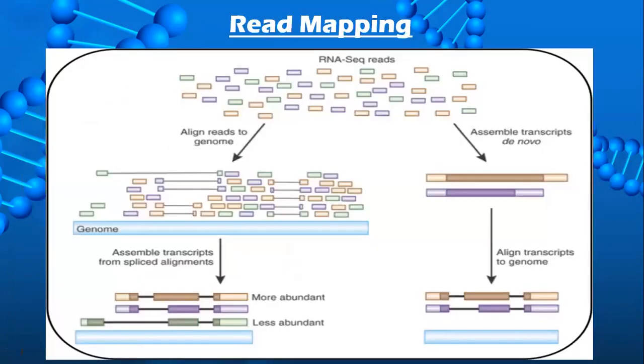So coming to read mapping, mapping the reads of an experiment to a reference genome is a key step in modern genomic data analysis. With a mapping, the reads are assigned to a specific location in the genome, and insights like the expression level of genes can be gained.